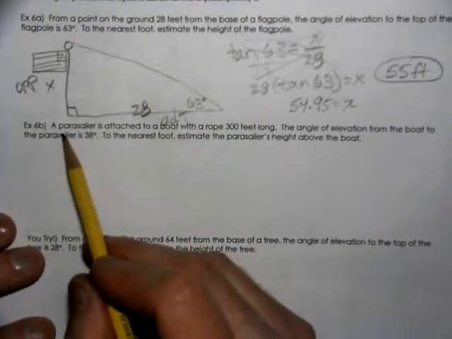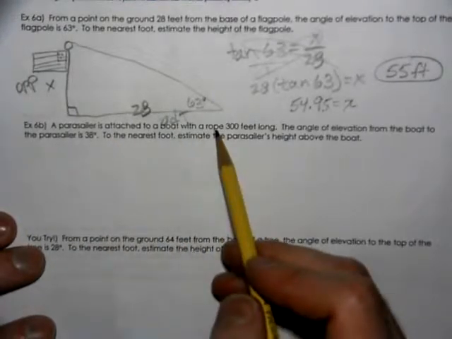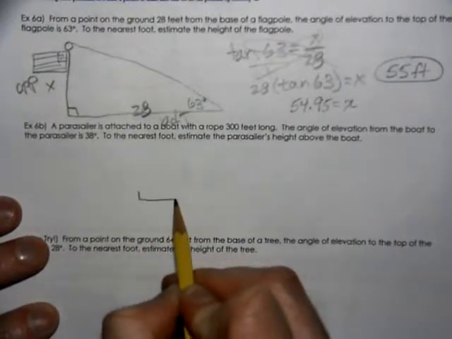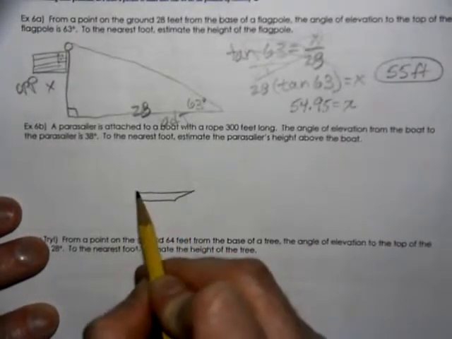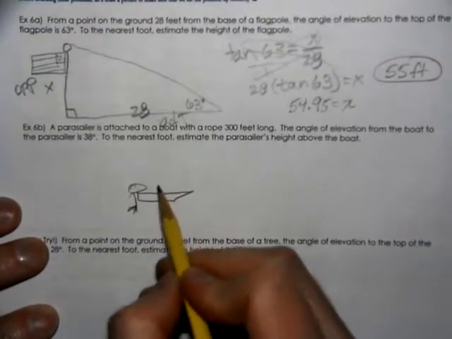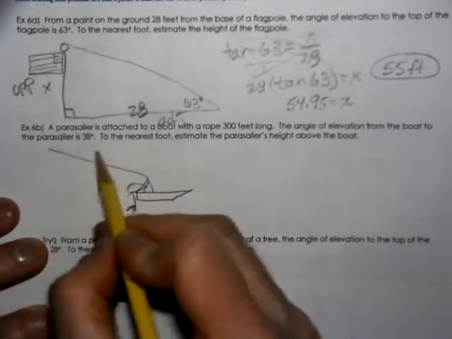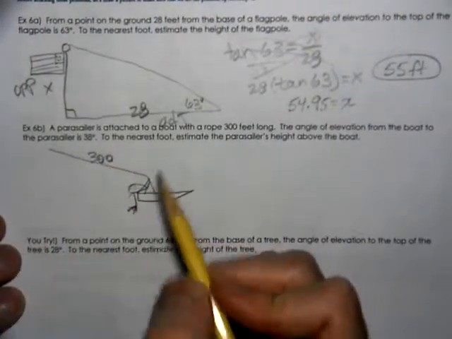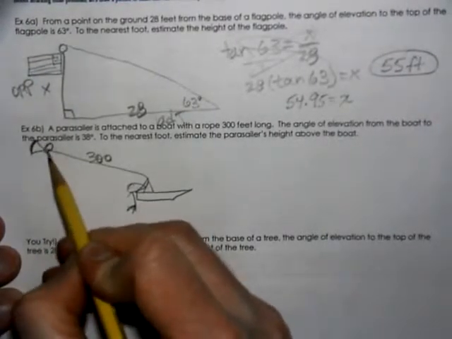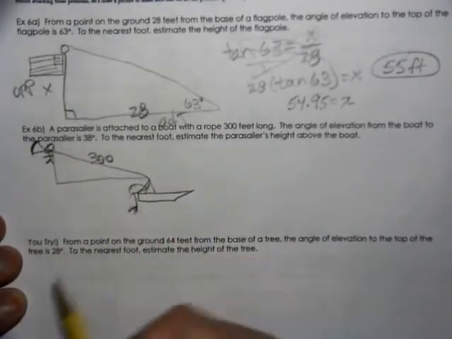Next, we're going to take a parasailer, and it's attached to a boat with a rope that's 300 feet long. So we're going to take a boat, put a motor on the back of that boat. We'll hook a little platform up and put your 300-foot line off the back. Connect your parasailer, who is just hanging there, and make a right triangle out of that.